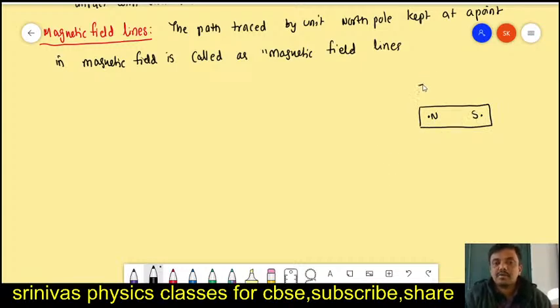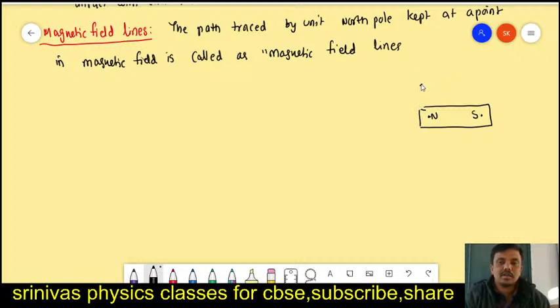If we keep the unit north pole here, this north is repelled by the north, and this south attracts the north. Like poles repel each other. North and north repel, north and south attract. If you keep the unit north pole here, this unit north pole is repelled by this north of the bar magnet and attracted by the south. That's why it will follow this path. It will go like this.